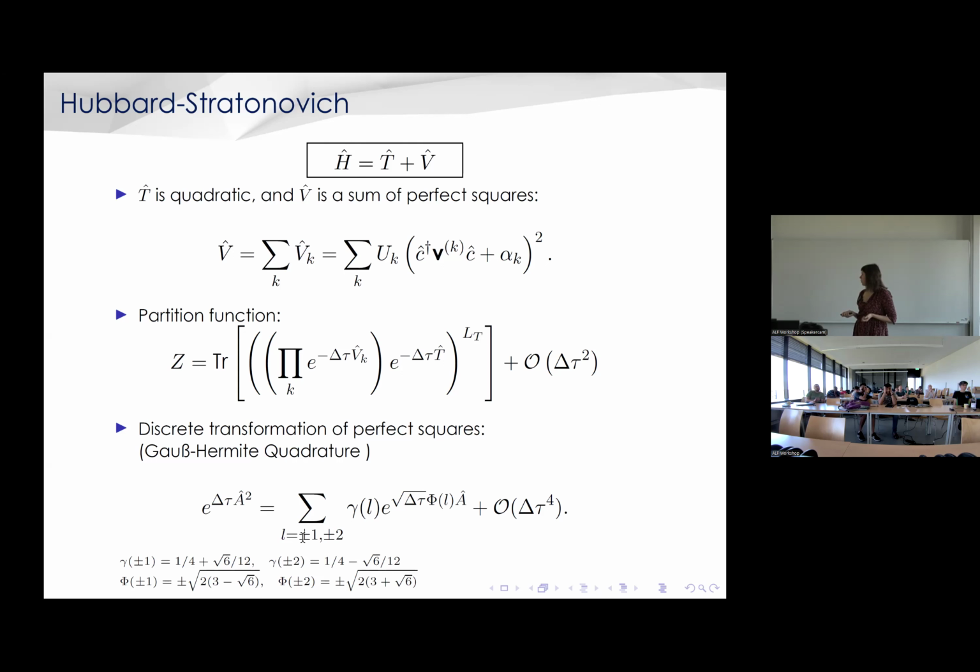So this l can be plus or minus 1, plus or minus 2. One might say this isn't exact, which it isn't, but the error here is only delta tau to the 4. So compared to the Trotter error, it's negligible.